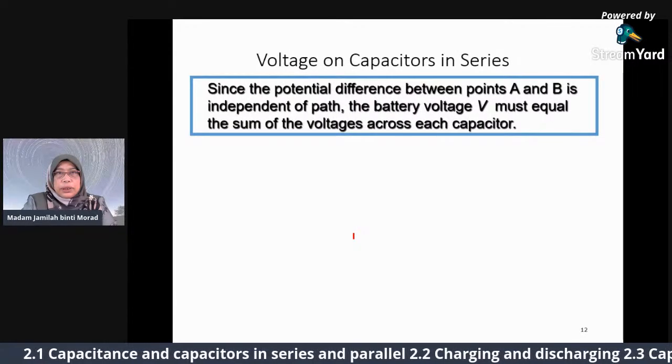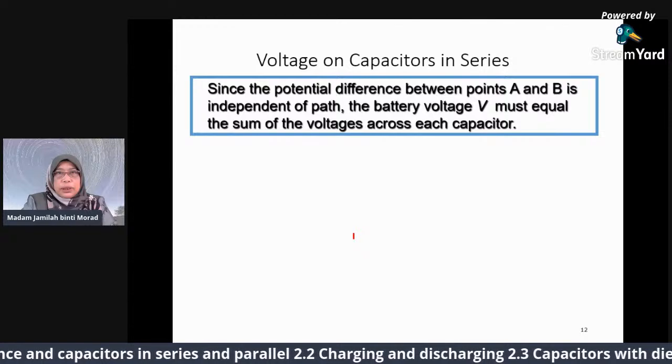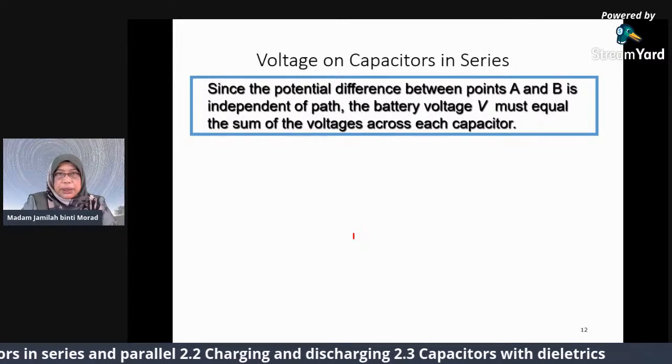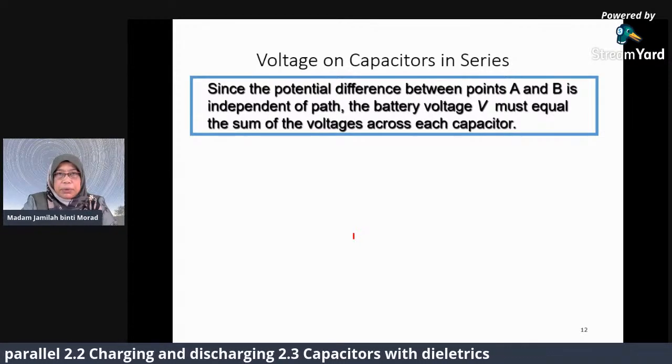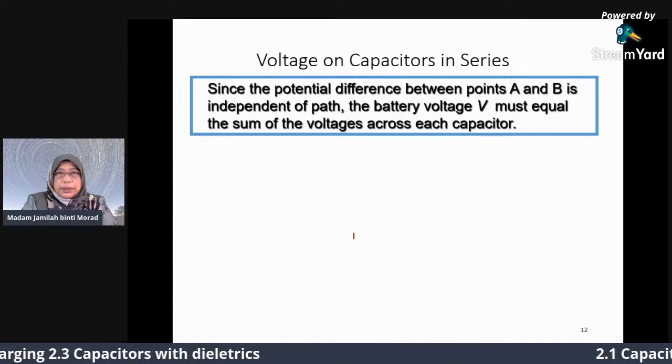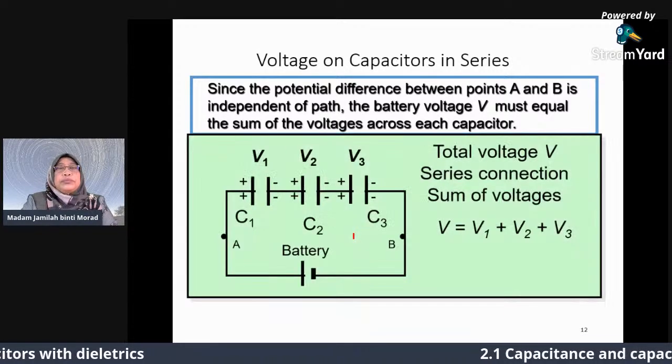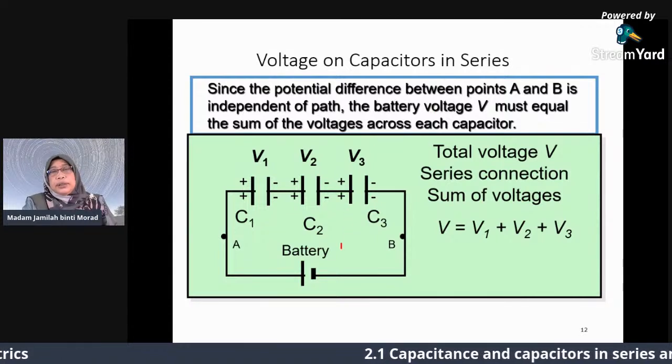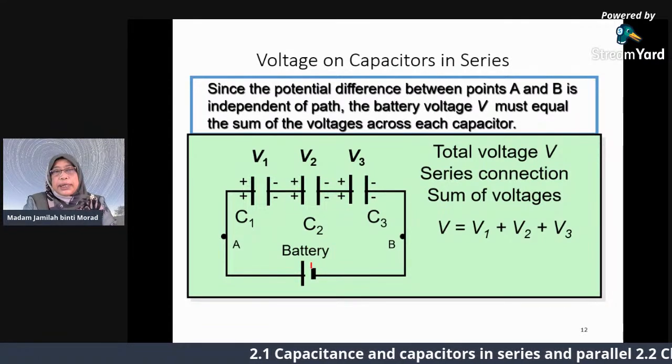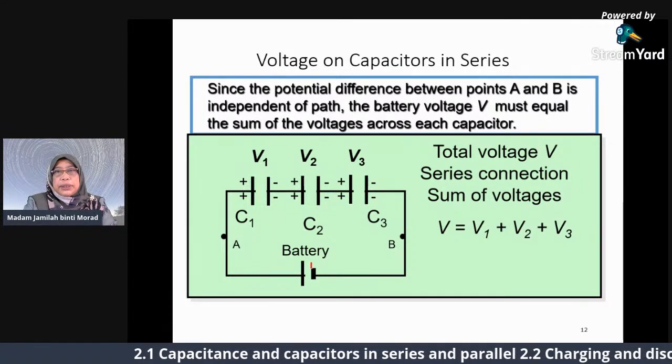And then voltage. For our equation, we have Q equal to CV. In terms of the charge, this now is the same for the voltage on each capacitor arranged in series. We connected 3 capacitors to a battery.